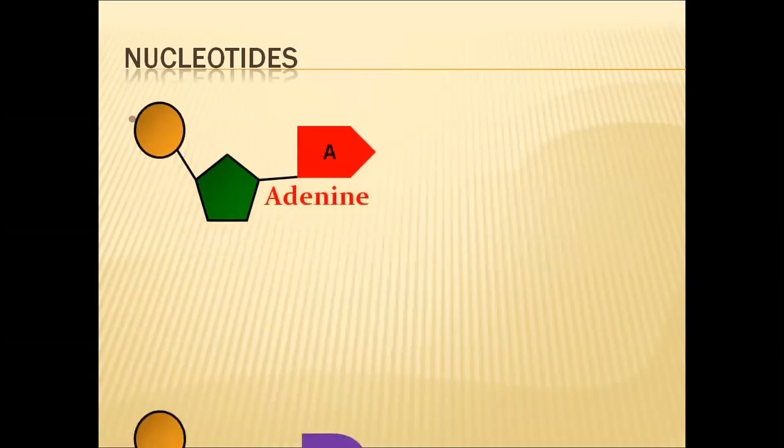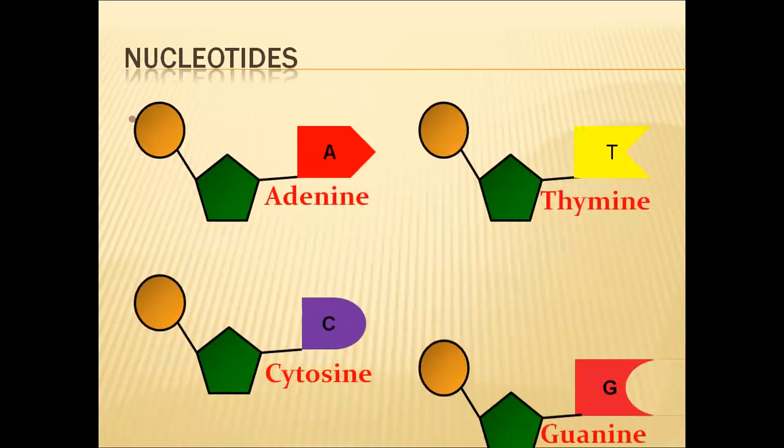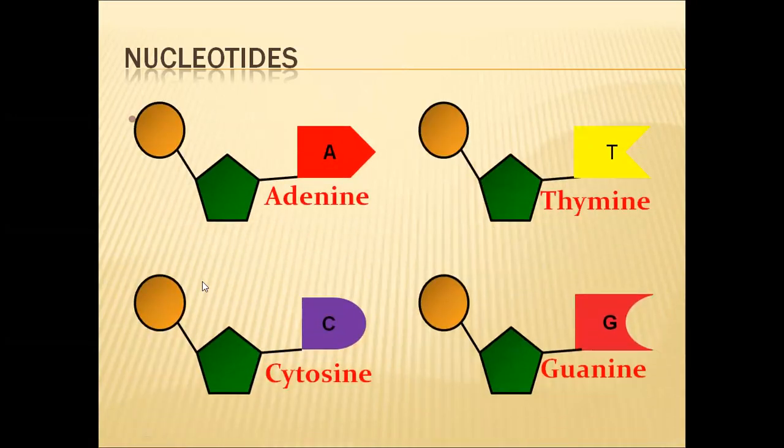Now, four types of nucleotides are present in DNA. One has adenine, another has thymine, the third has guanine, and the fourth has cytosine. The nucleotide which has adenine is called deoxyadenosine monophosphate.